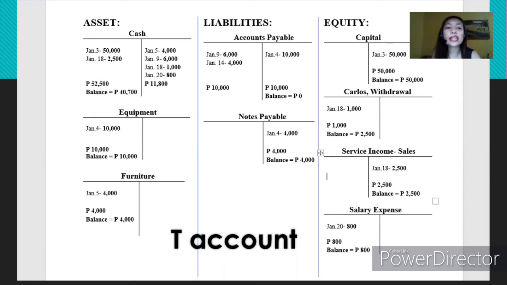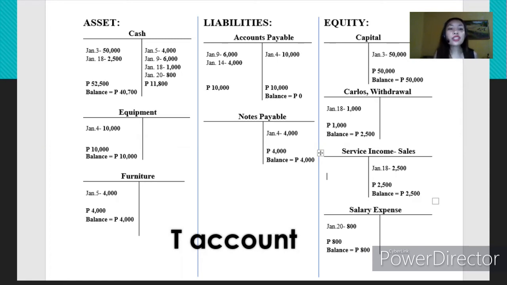So what we did is, for cash, we put all the transactions on January 3 and 18 because they are debited. Remember guys, when we talk about the account, when you look at the left side, it means it's the debit corner. Okay? While the right side, we call the credit corner.